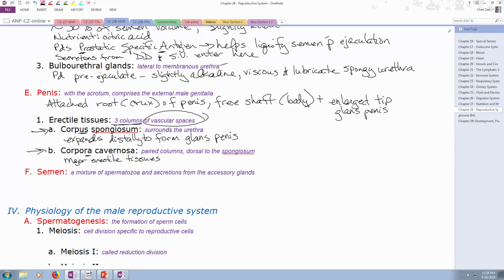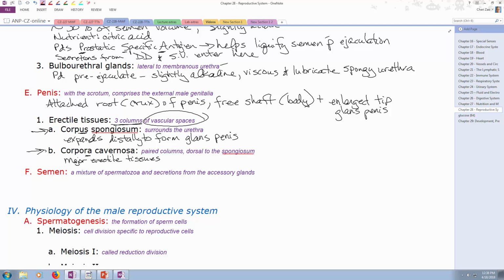Remember, with the female, there's vascular engorgement, and this is a parasympathetic dominant process. So the blood vessels to the genitalia are under parasympathetic control. That will cause vascular dilation. The arteries going to the spongiosum and the cavernosa dilate, so the arteries feeding into those vascular spaces are going to dilate, filling them up.